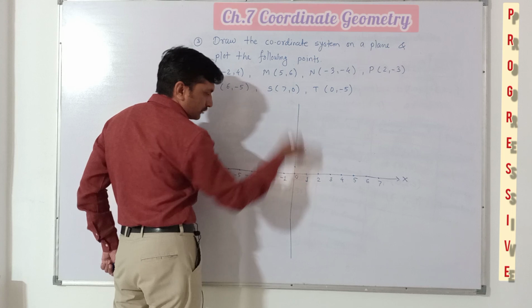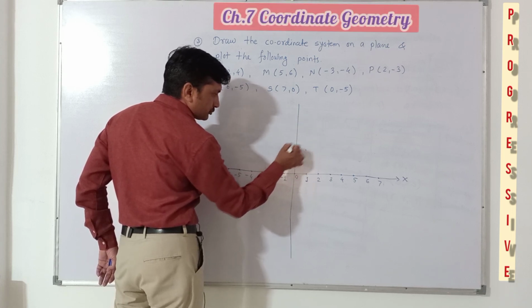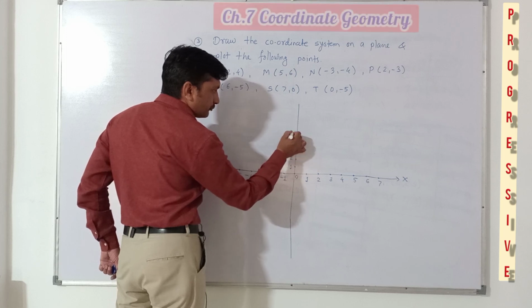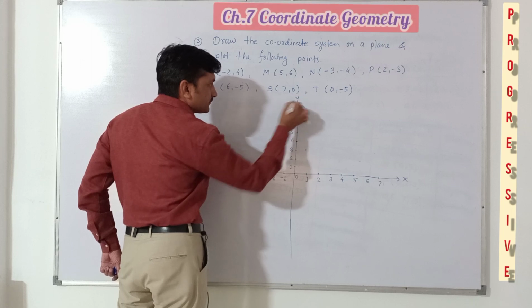On top of y axis, above side positive 1 2 3 4 5 6 7, y axis.